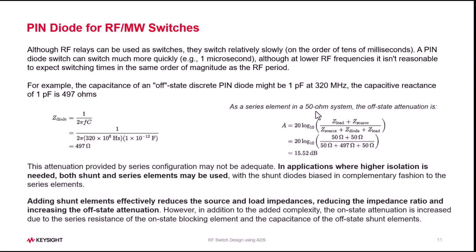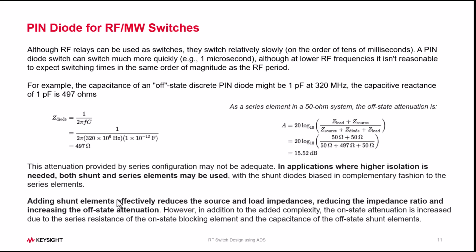So as a series element in a 50 ohm system, you can compute the off state attenuation or isolation offered by a single diode, and by using the simple formula we can calculate it to be around 15.5 dB. Similar logic you can apply in your own switch calculation. Once you know the off state capacitance, you can pretty much compute what kind of attenuation or isolation can be provided by the diode.